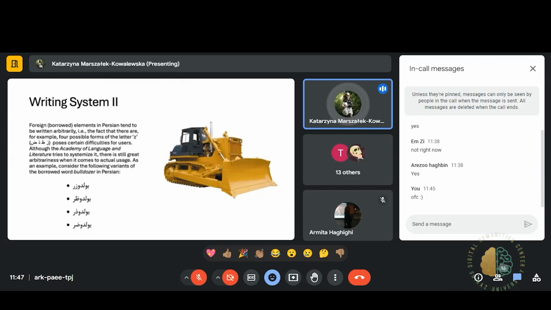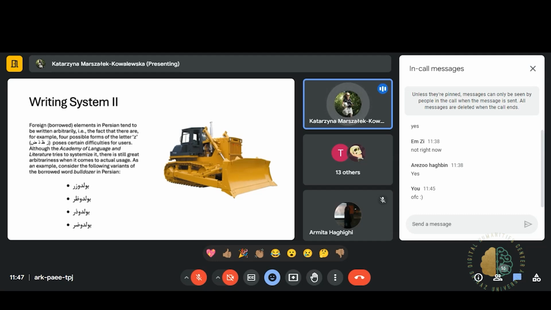The second challenge coming from the writing system is the existence of borrowed or foreign elements in the Persian language. I mean, the existence of them actually is not a problem, but the way they are written. The fact that, for instance, there are 4 possible forms for the letter Z can pose certain difficulties for the users. And although there are certain trends and attempts to regulate and systemize this issue, there's still great arbitrariness when it comes to the actual use.